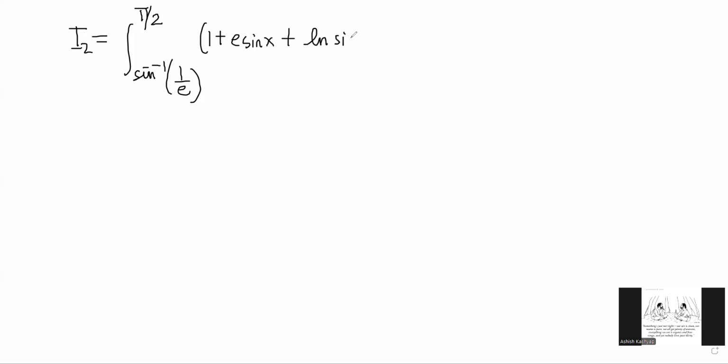So let's rewrite that on the next screen. So I2, which was initially looking like this, sine inverse 1 by e, and here it was pi by 2, and the integral was (1 plus e sin x plus ln sin x) whole to the power 101 multiplied by cos x dx. In this, I have put t is equal to sin x, and the limits of t are going to be from 1 by e to 1 now, right?